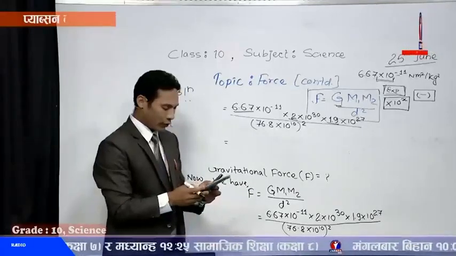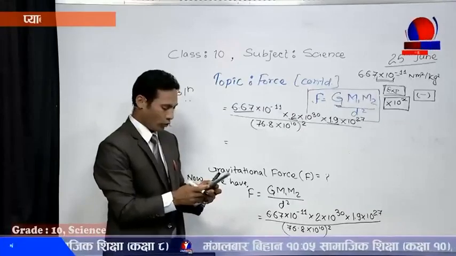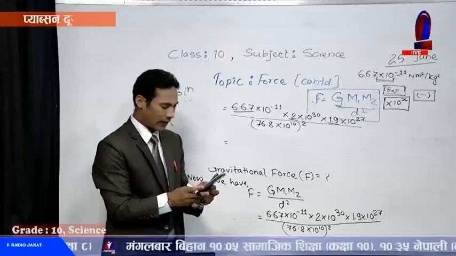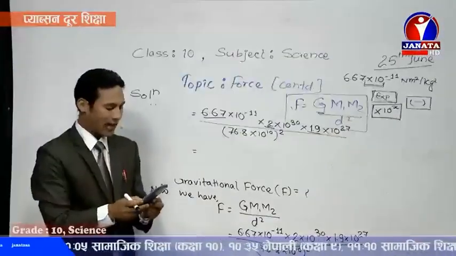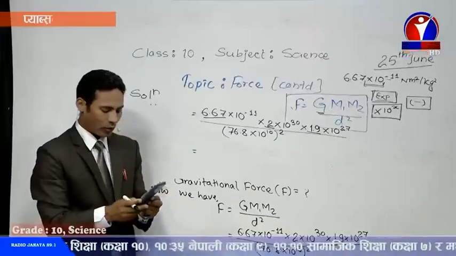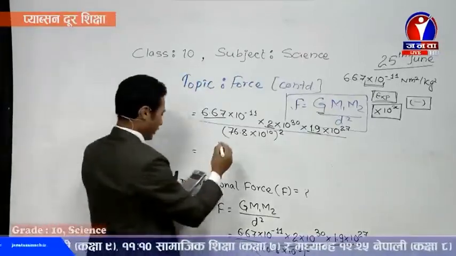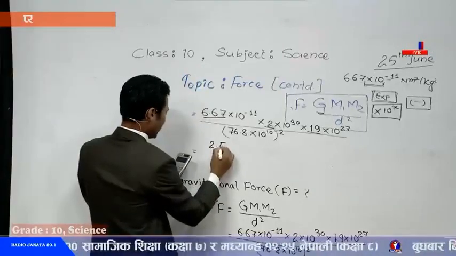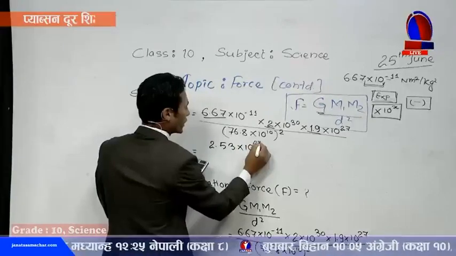6.67 into 10 to the power minus 11, into 2 into 10 to the power 30, into 1.9 into 10 to the power 27. When we multiply this, we get 2.53 into 10 to the power 47.